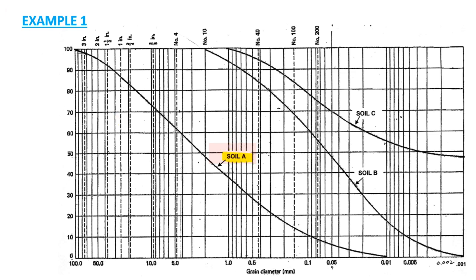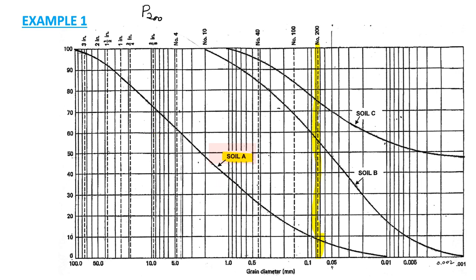So remember, in AASHTO we have to look at what is passing number 200 sieve. Is it greater than 35 or less than 35? So we have to look at where is the number 200 sieve. Look where it touches the S-shaped curve.